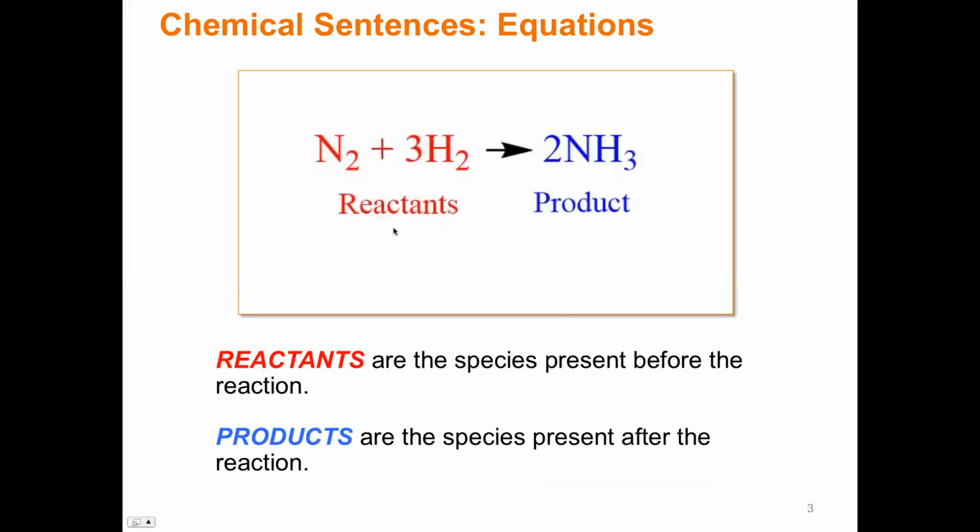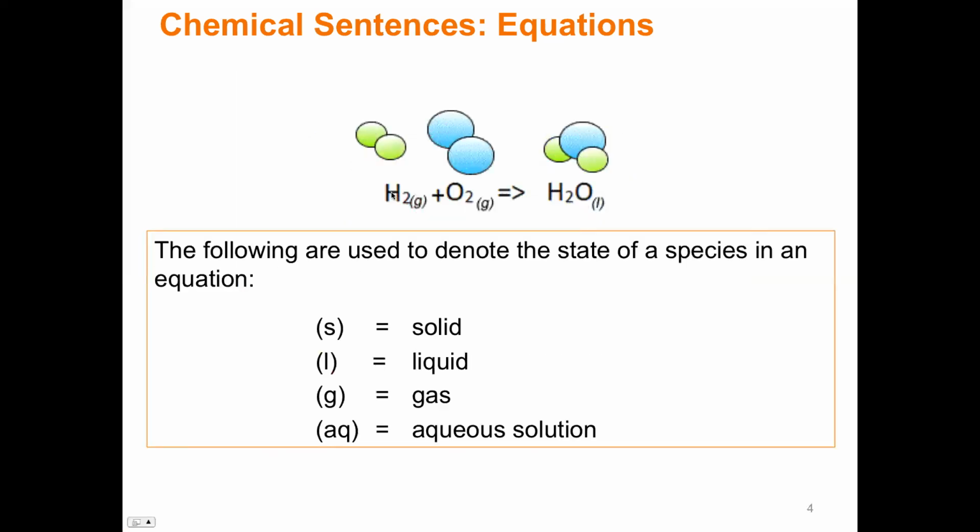Then, as you can see here, we have our reactants and our products, but there are other things going on here, and I'm going to go through all these different ideas. Something else that one can show in a chemical equation, or in a chemical sentence, is the state of the reactants and products, meaning what sort of form the molecule or atom is in.